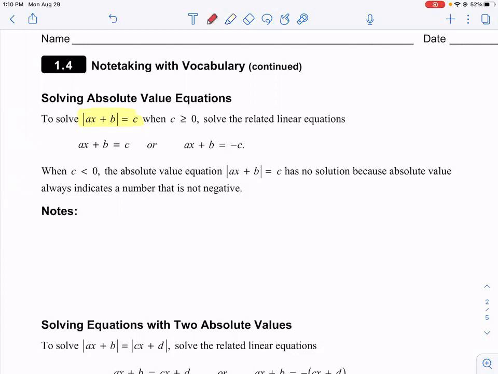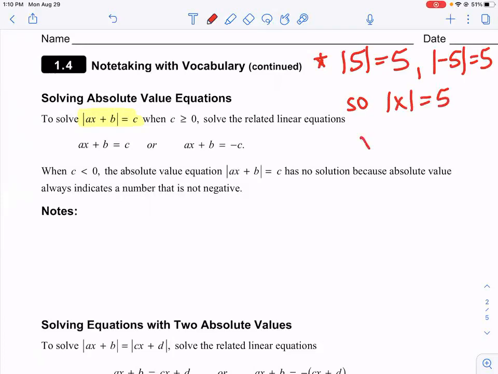We already talked about 5 and -5 having the same absolute value, right? So if I wrote the absolute value of x equals 5, then I could say, oh, x could be -5 or x could be 5, right?